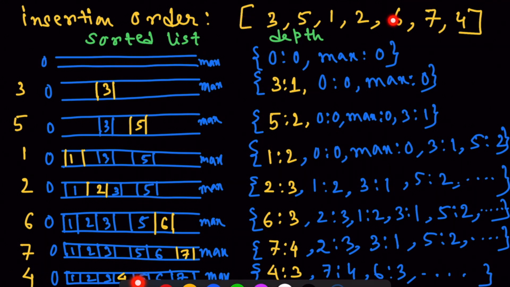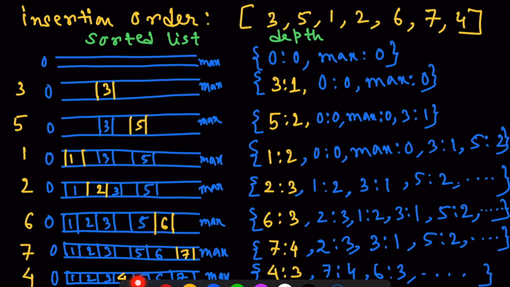Consider this is the insertion order. Now we have this sorted list. So here I will be inserting these ordered elements, right? Each insertion will be order of log n. That's the way a sorted list works, right? And one more thing is we need to know at each point the depth of its parent.